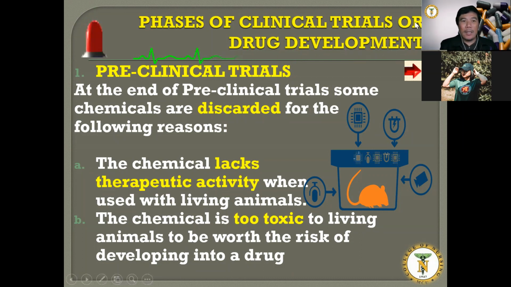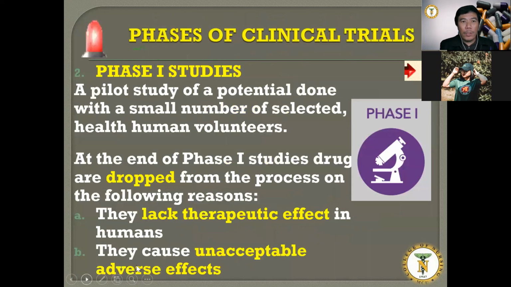It will be discarded. While if we talk about phase 1 studies, phase 1 studies already use healthy human volunteers. Meaning, unlike the vaccines, right? Vaccine, mass yan eh. Population groups.